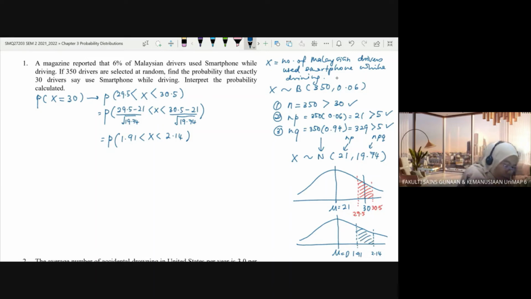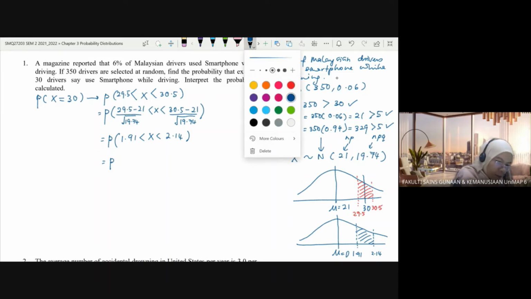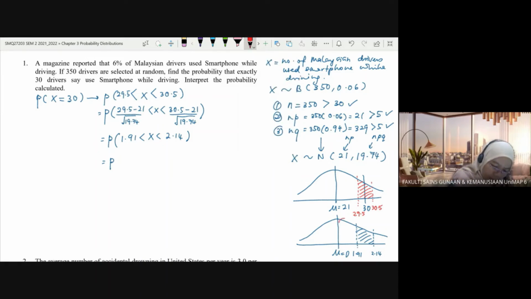Okay, so applying whatever we have learned before, we are looking for this region, the probability value. So P(z), sorry, this is z.